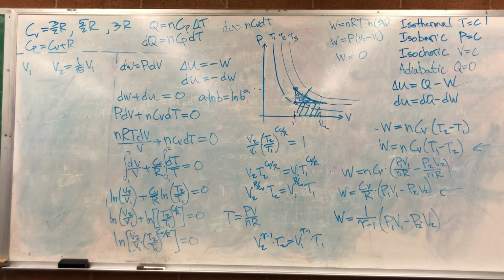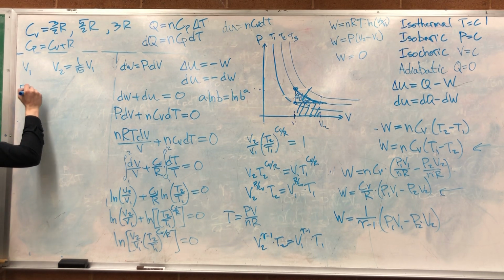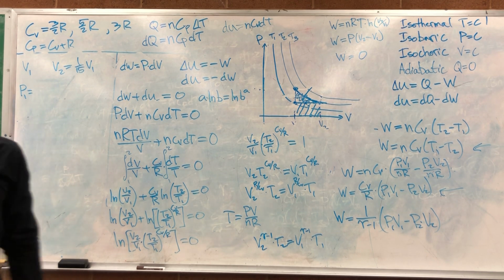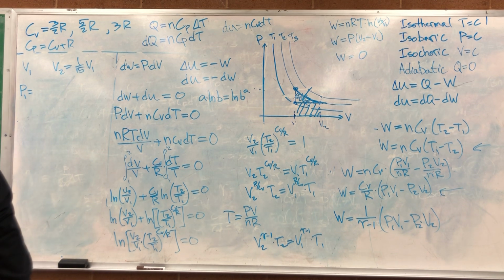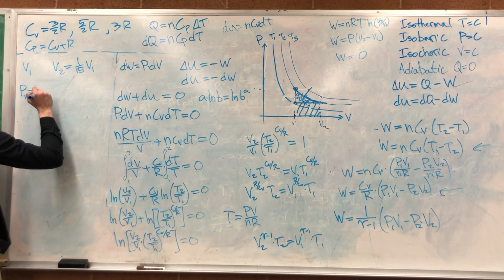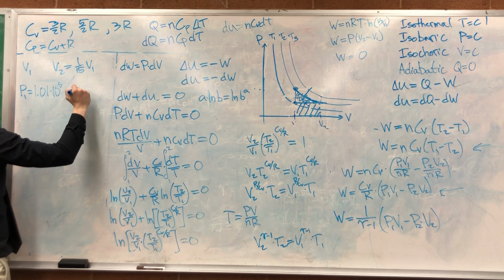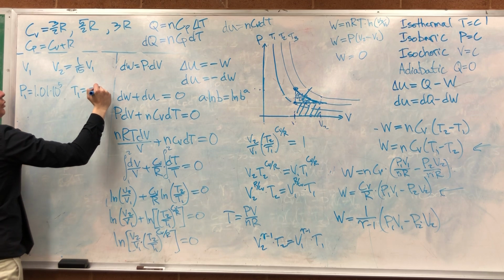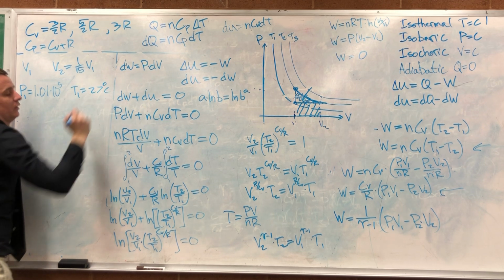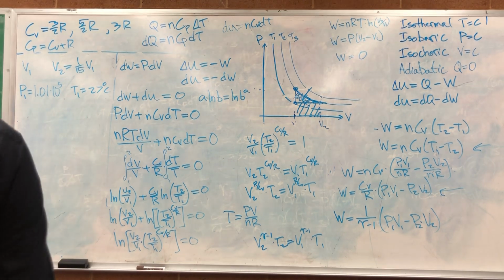Oh, okay. And then he gives us our pressure at time 1 is equal to 1.01 times 10 to the 5. And our initial temperature is equal to 27 degrees Celsius. Is that what I said? Yes. Okay.